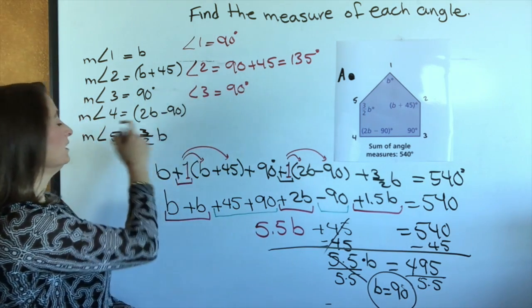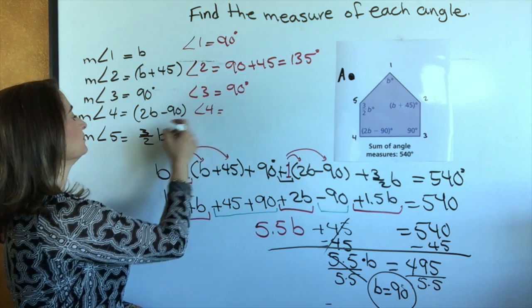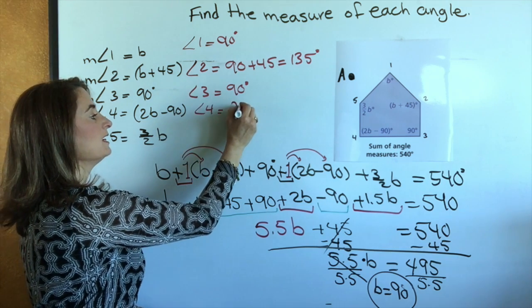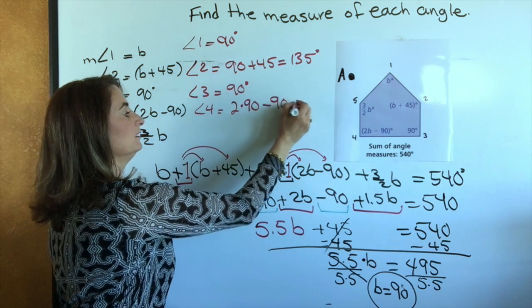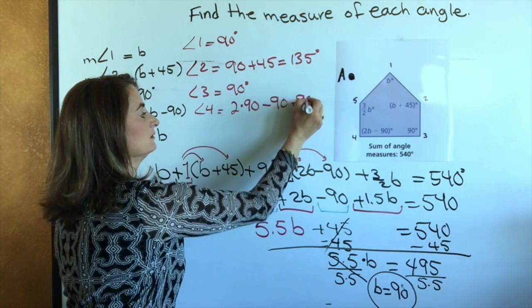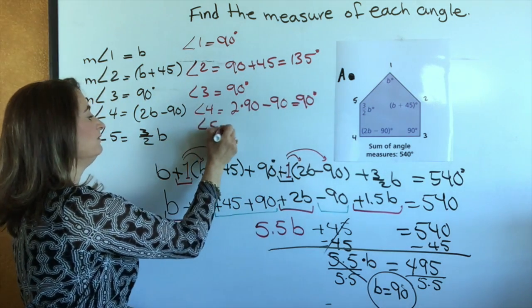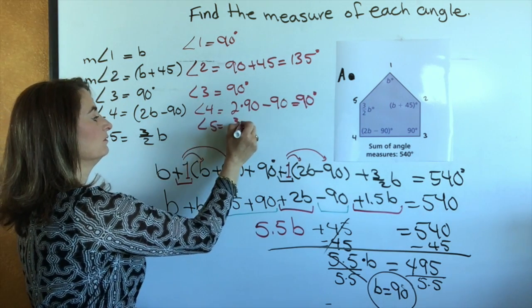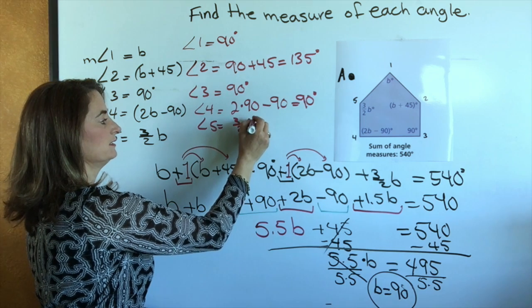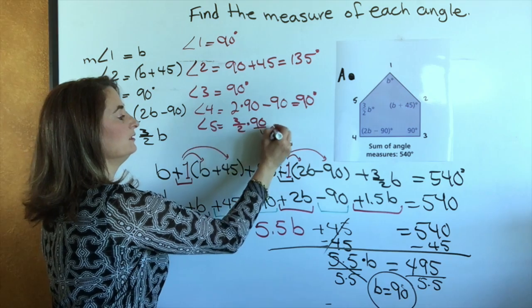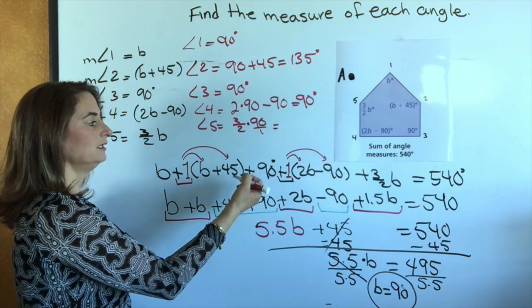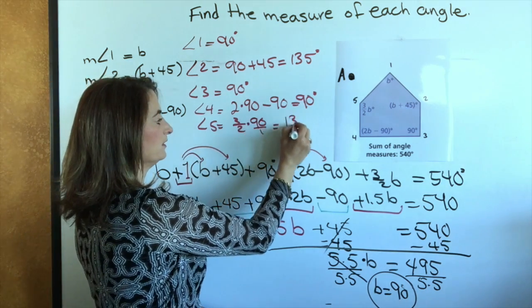It's already given. Angle number 4 equals 2 times 90, which is 180, minus 90 equals 90 degrees. And angle number 5 is 3 over 2 times 90 over 1, or 1.5 times 90, and that gives you 135.